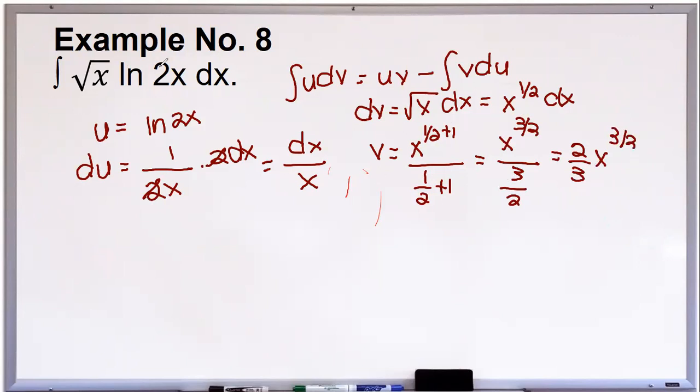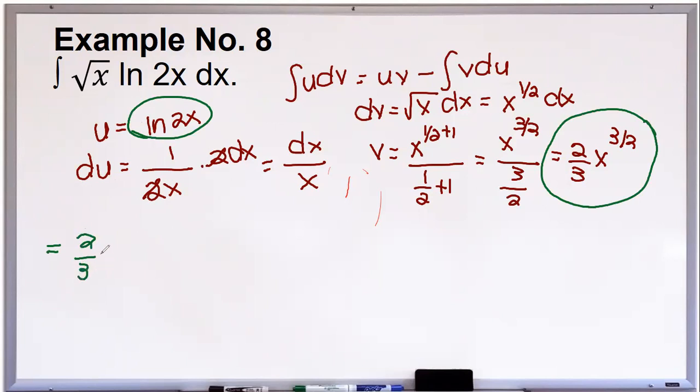Okay, so let's apply the formula uv. So ito ang u natin, ito ang v. Okay, so this will be 2/3 x raised to 3 over 2 ln of 2x.